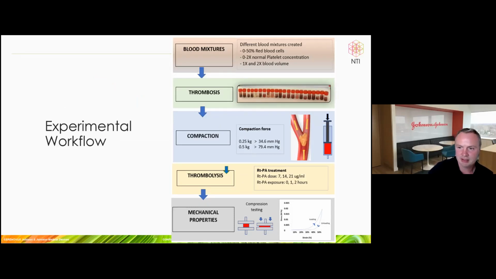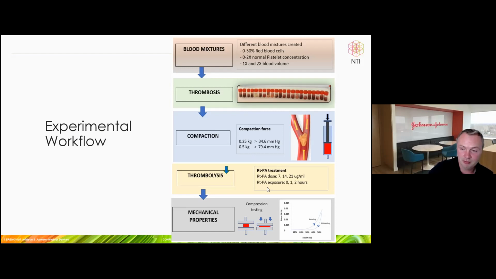And then on top of that, to simulate the action of blood pressure in the artery on the clot, we had a mechanical compaction unit where we squashed clots between a plunger and a fixed cell, and the serum could drain out, and we varied the load that could be applied there.